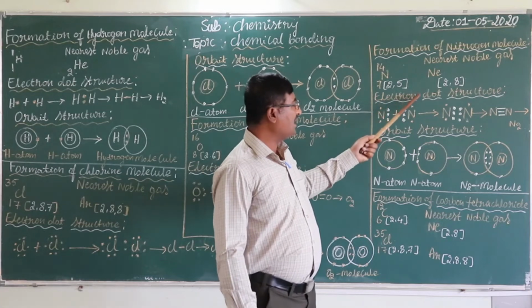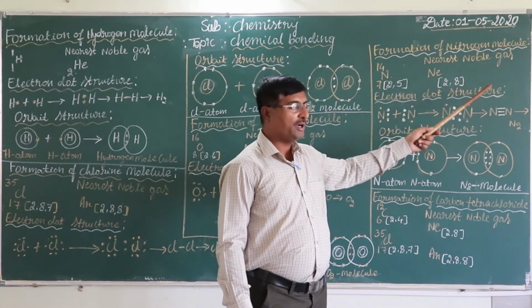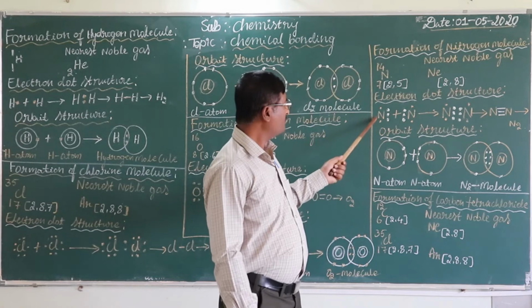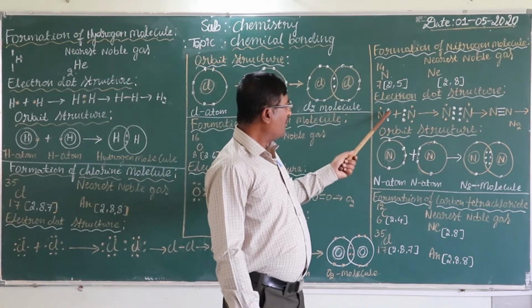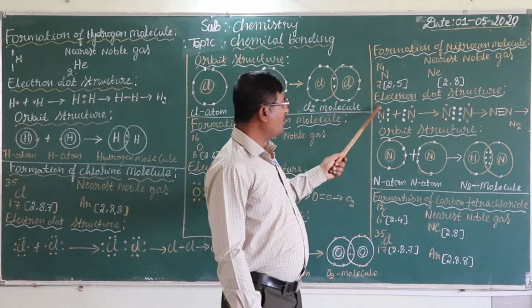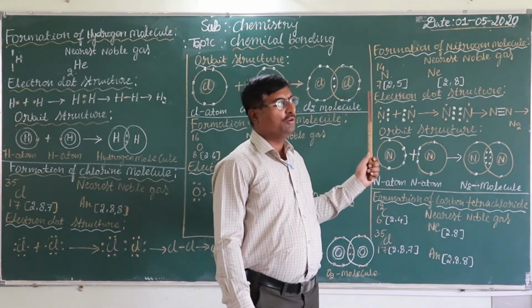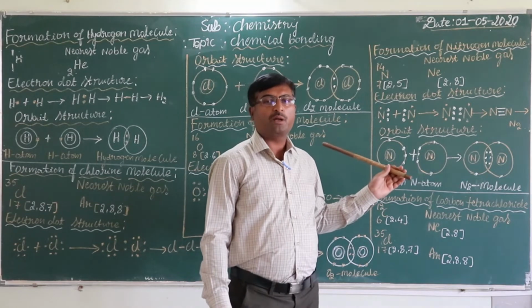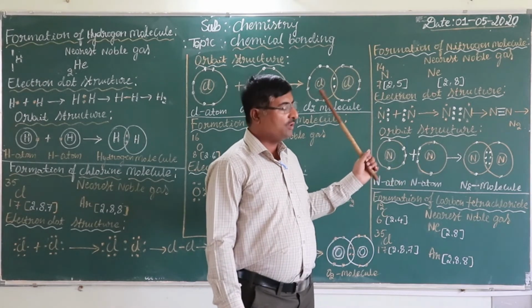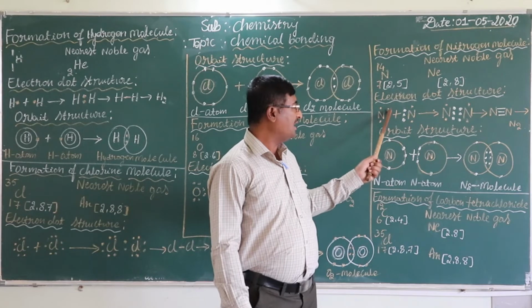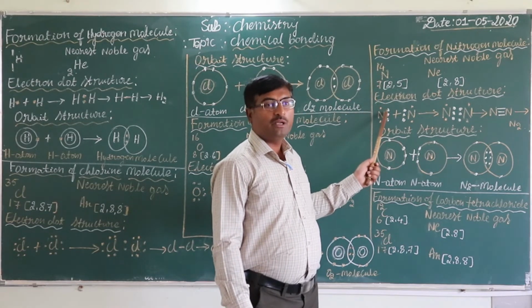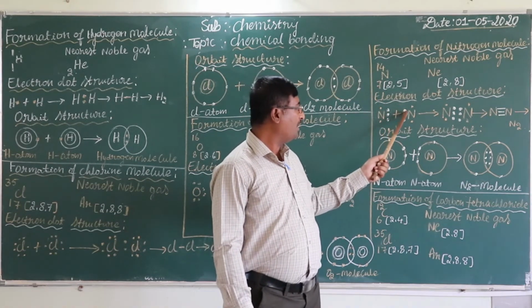Next we will see the electron dot structure of the nitrogen molecule, the formation of the nitrogen molecule. In nitrogen, the outermost orbit has 5 electrons. As I explained in the last video, when two atoms combine and form a covalent bond, having 5 electrons in the outermost orbit means 3 pairs of electrons will be involved in covalent bond formation.